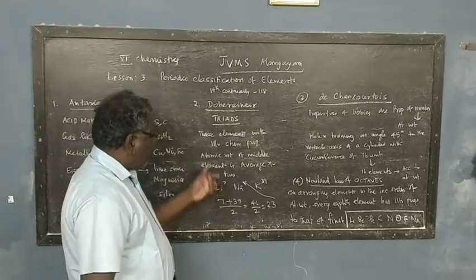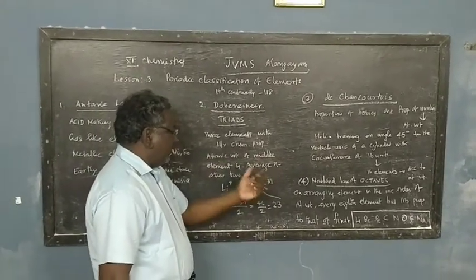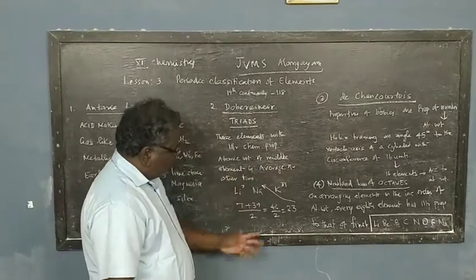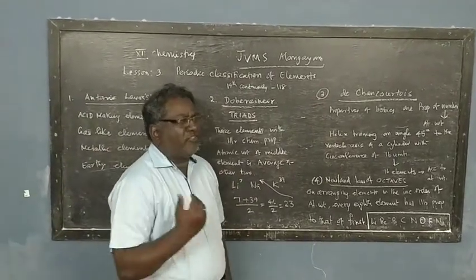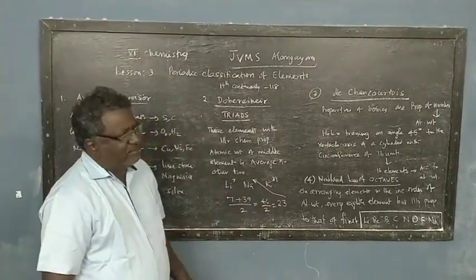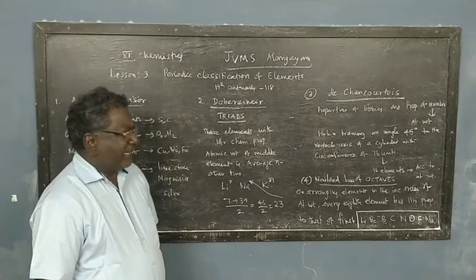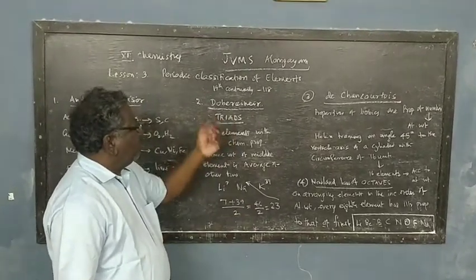So the atomic weight of the middle element is the mean or average of the other 2. Like that, he formed triads, and he was successful up to the 20th element only. He could not make many triads. He made only a few triads. So this is the attempt that was made by Dobereiner.